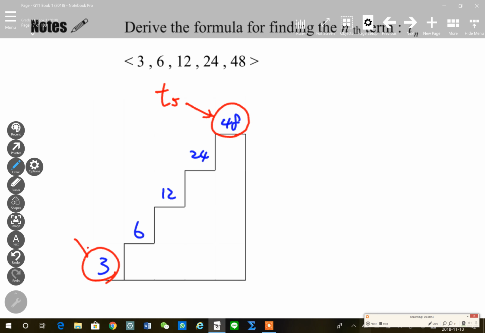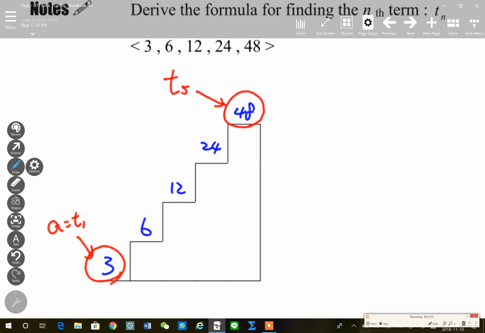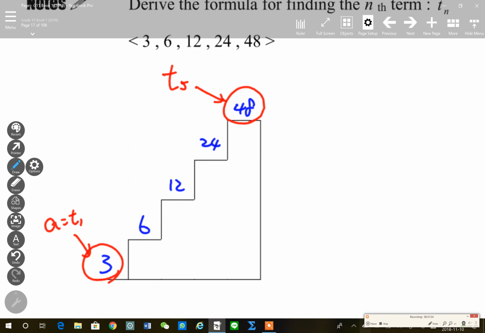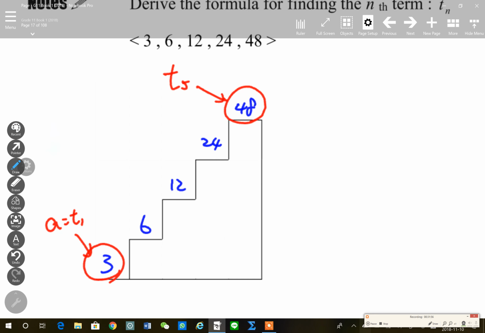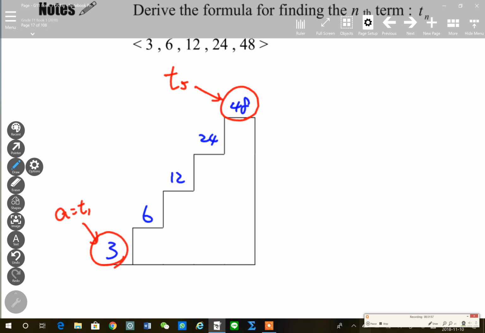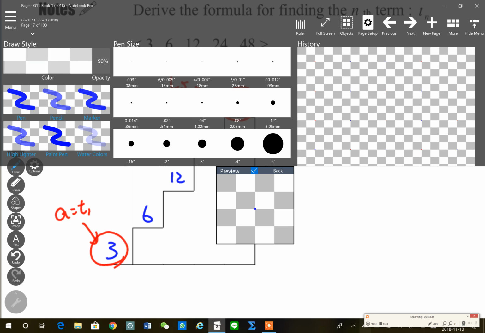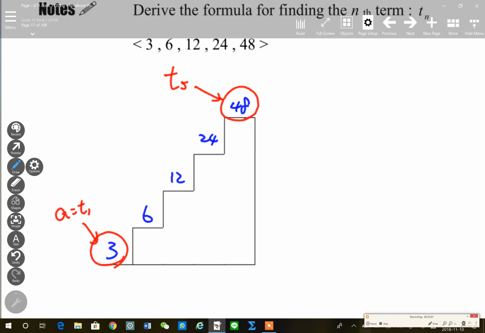This one is T1 or A, right? I will write both. Some textbooks use T1, some books use A. What's the ratio here? 2. Okay, so on the right, draw with the little green. So times 2, and so on.